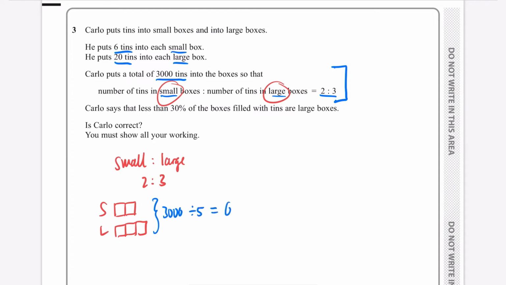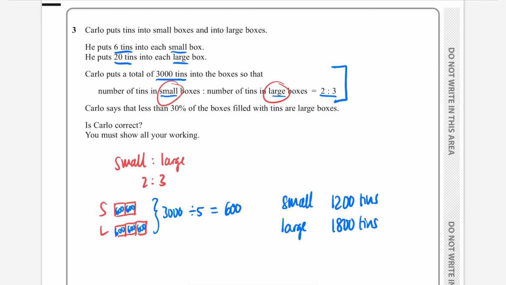And 3,000 divided by 5 is 600, so that means each of these parts is 600. So we can very quickly now tell how many small and large there are. So for the small, there are 600 tins. There's not 600 tins, there are 1200 tins because there's 2 boxes. And for the large, in our diagram, there's 3 lots of 600, which is 1800 tins.